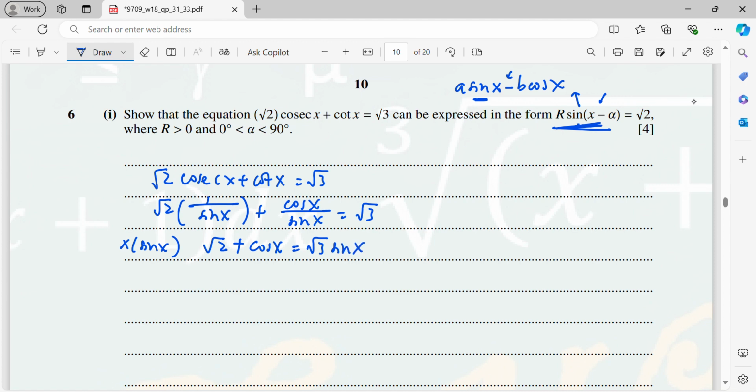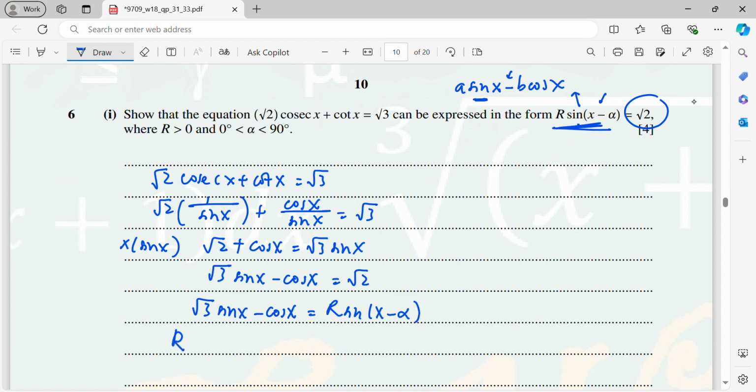So therefore, the cos x moves to the other side and rewrite the terms. You are getting square root 2 on the right side. What I just need to do is write square root 3 sine x minus cos x equals r sine(x minus alpha).